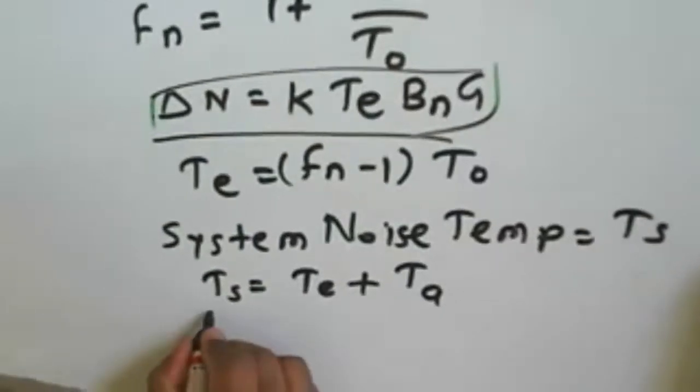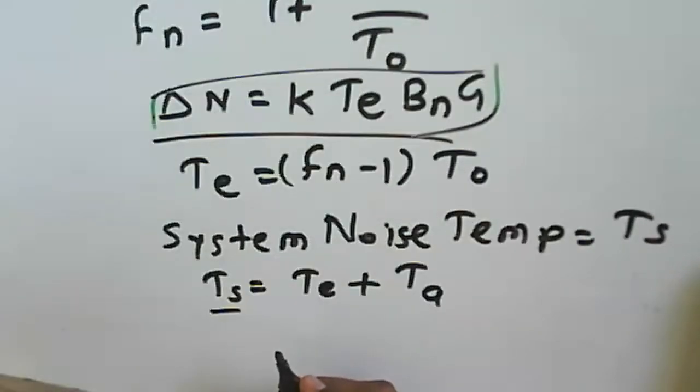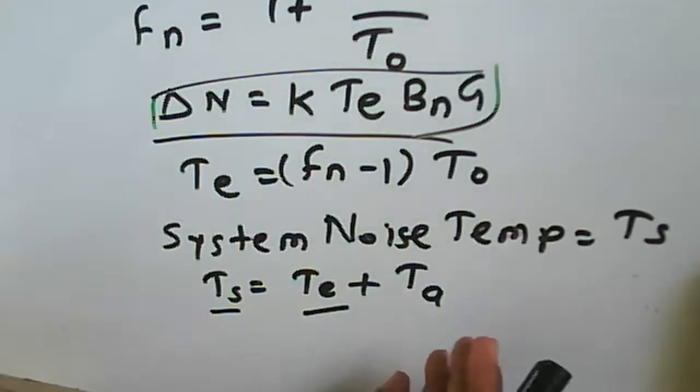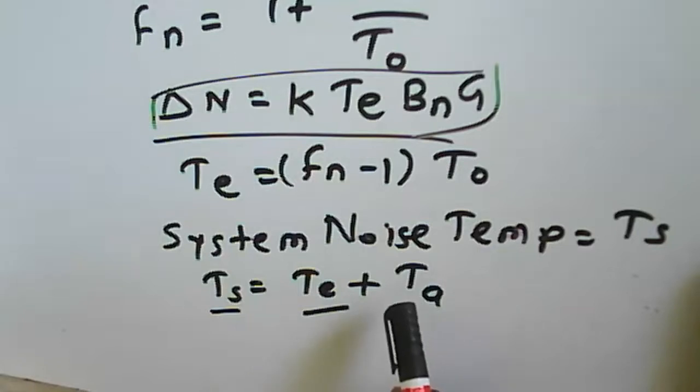So this one is called the system noise temperature. It consists of the effective noise temperature of the receiver's system components as well as the effects of the antenna temperature.